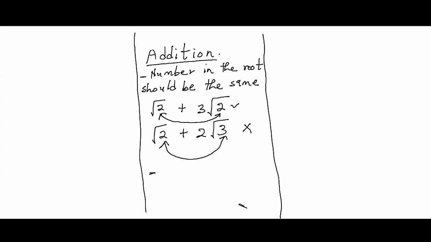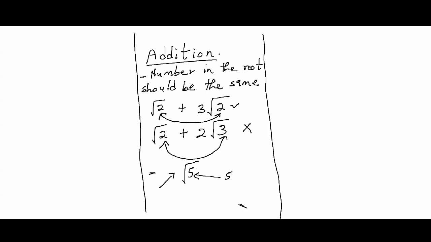Another thing is when you have the square root of 5. Now, we can simply say that the number inside the square root is 5. What about outside the square root?